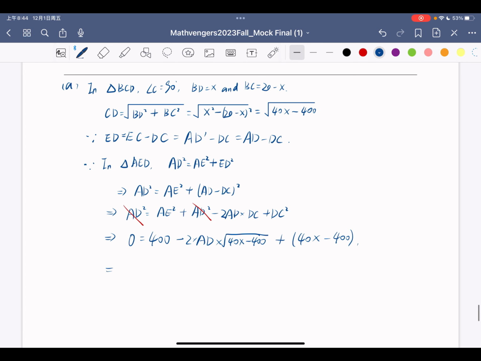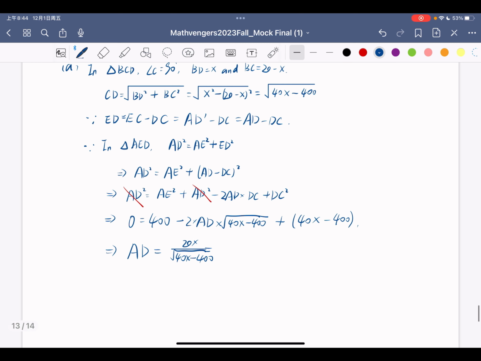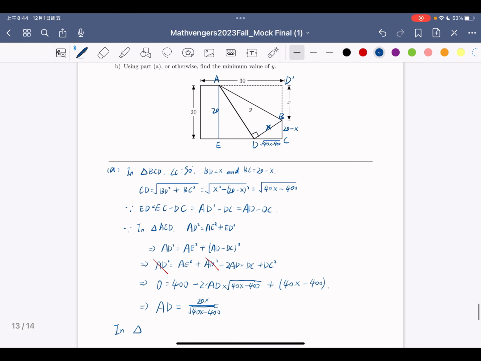Okay, so we get the expression for AD. We can simplify the above equation and we get this identity: AD is equal to 20x over the square root of 40x minus 400. And the final step is in the triangle ABD.